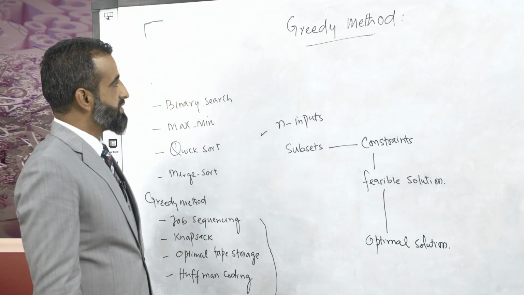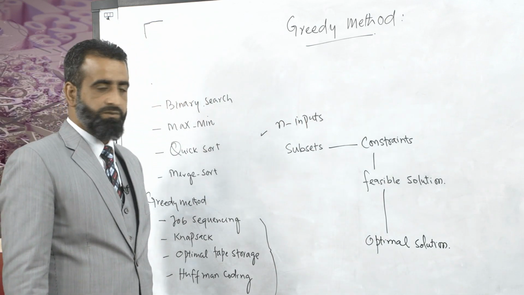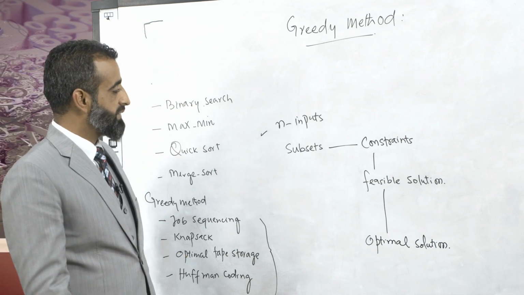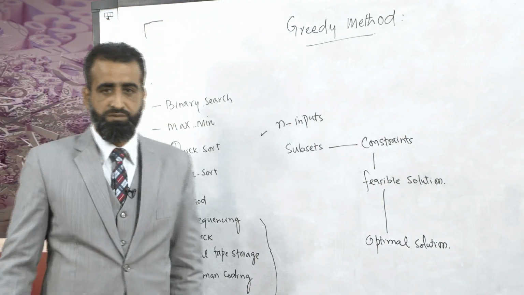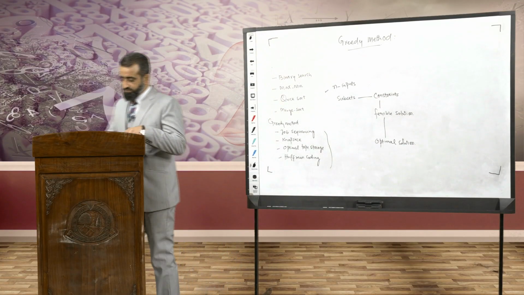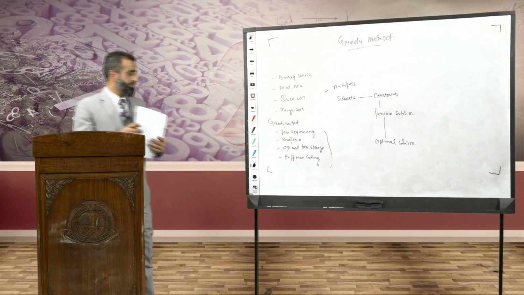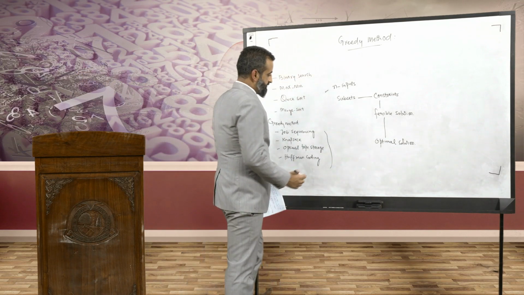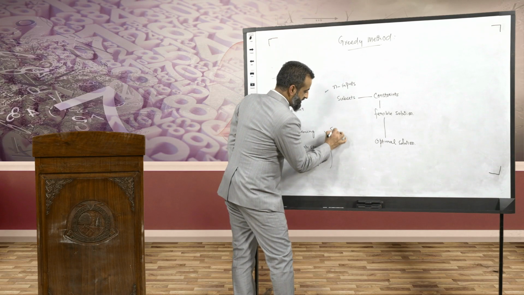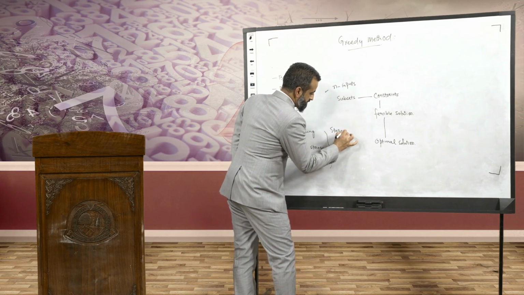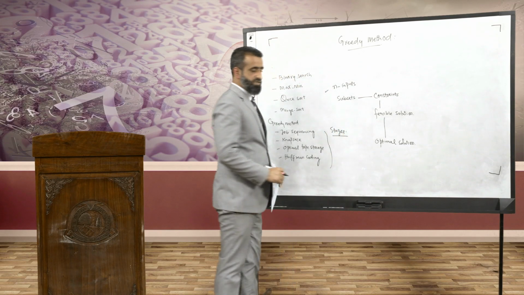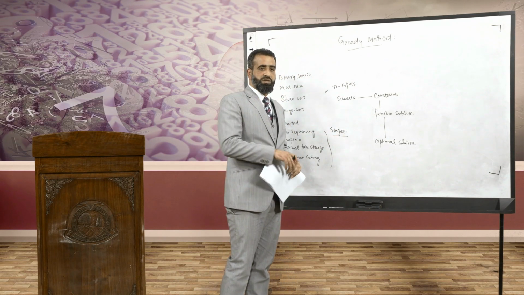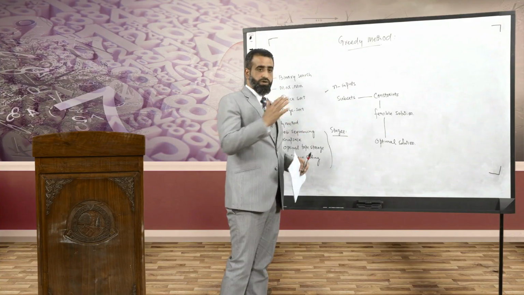Let's first define the greedy method and the algorithm for the greedy method, and then we'll try to solve a certain problem using the greedy method. The idea in this case is that we'll be working in different stages, and at every stage we will be considering one input, and based on that input we will decide whether this input should be part of the solution or not.